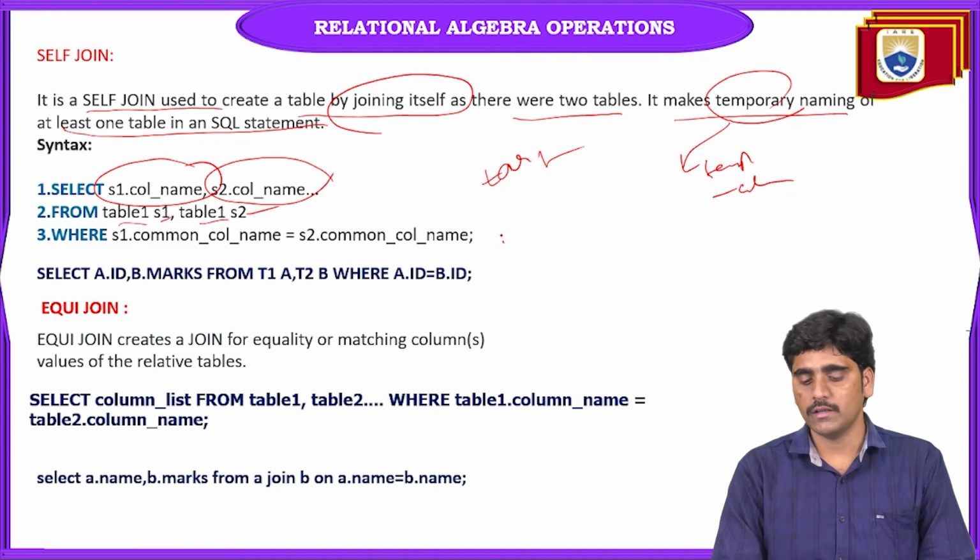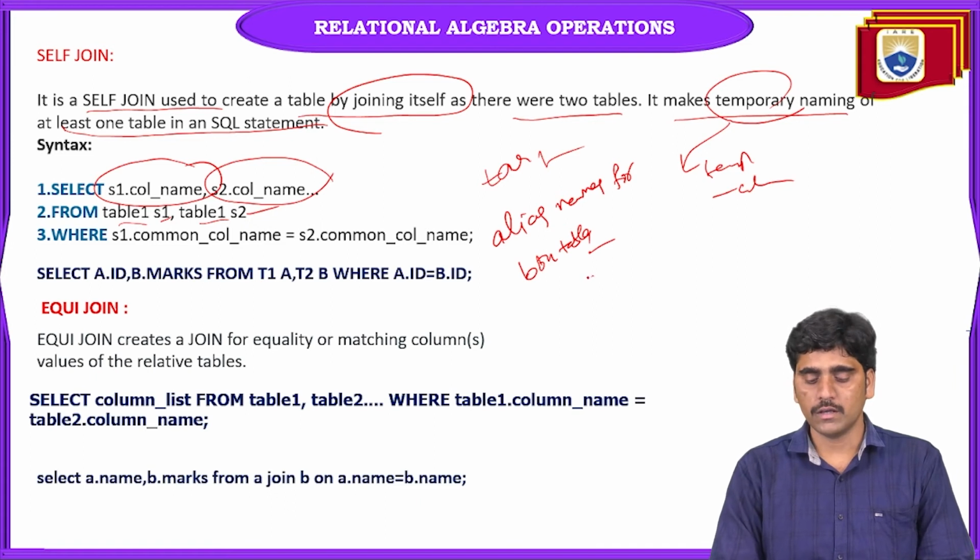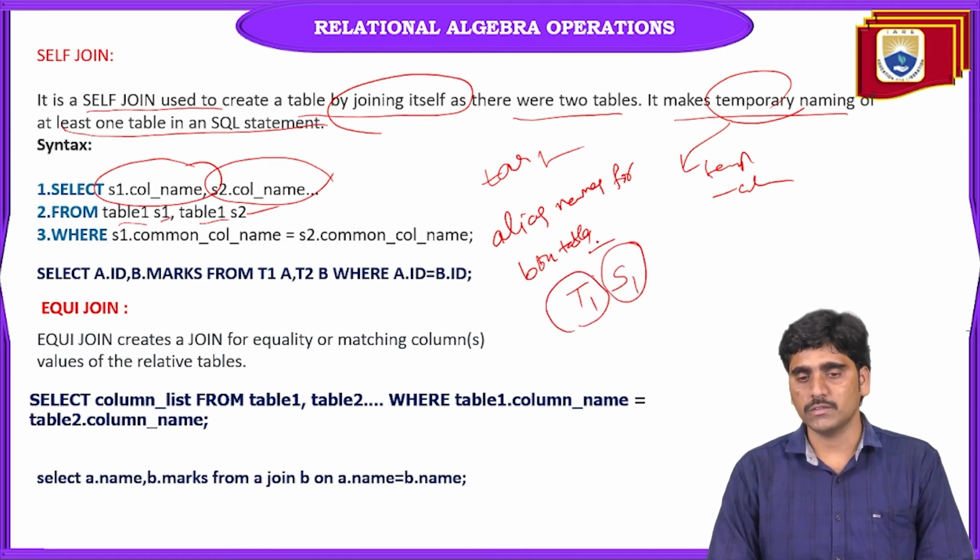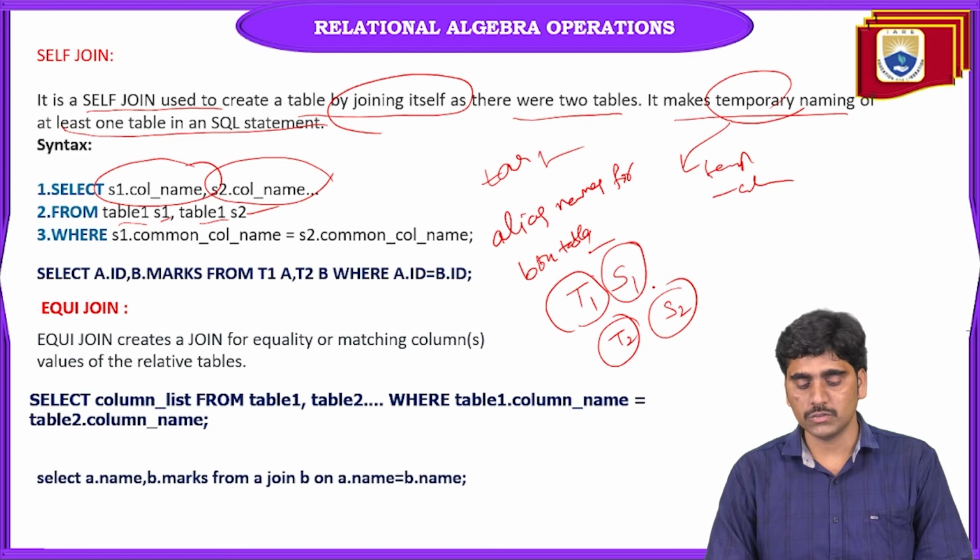For table 1 you have to create one alias name, that is S1, and similarly you create the alias for table 2, S2.